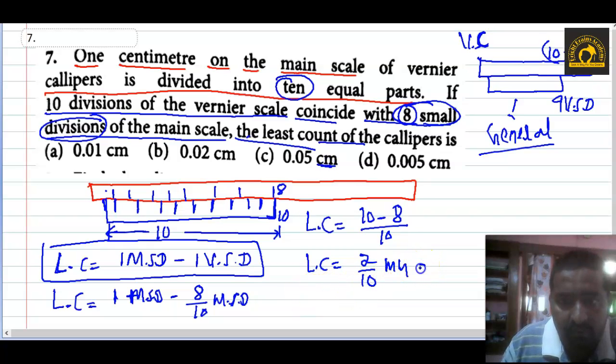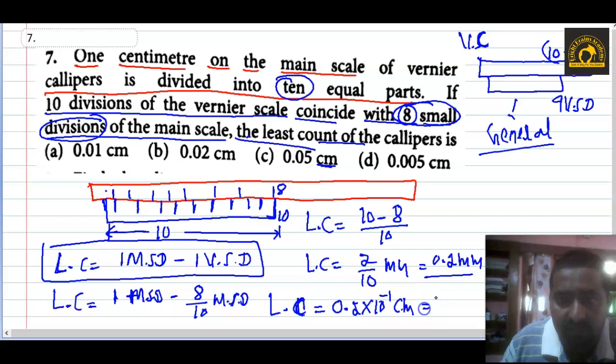After simplifying we get 0.2 mm. Then how to convert millimeter into centimeter? The least count is 0.2 into 10 to the power of -1 centimeter.